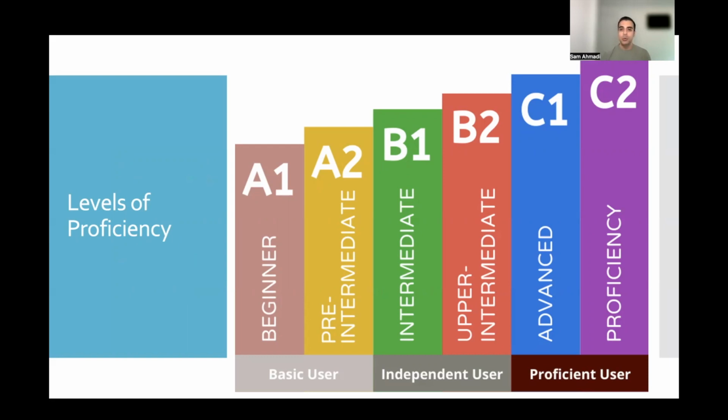Regardless of how much background you have in studying English or how long you've lived in an English-speaking country perhaps, your English proficiency can be mapped out and placed on one of these levels. And it's important for you to know which level you are currently at and whether that level of proficiency is enough for getting, for example, a CLB 9 or a CLB 10.